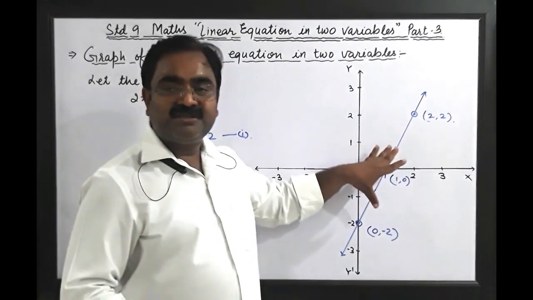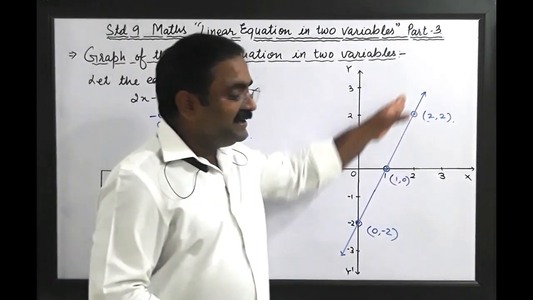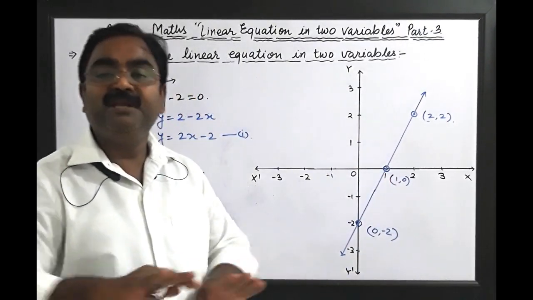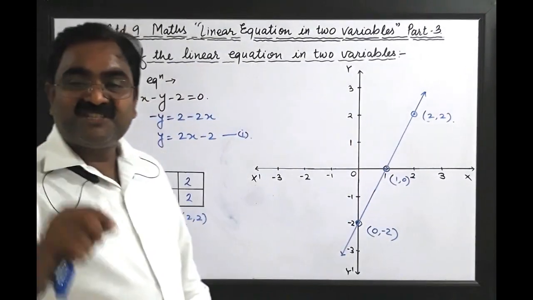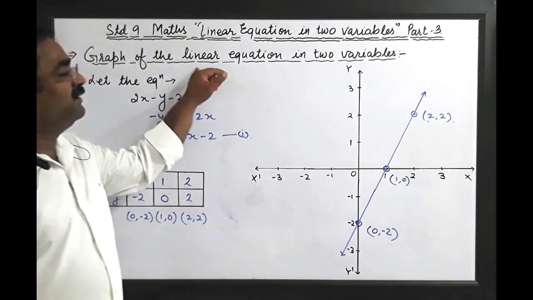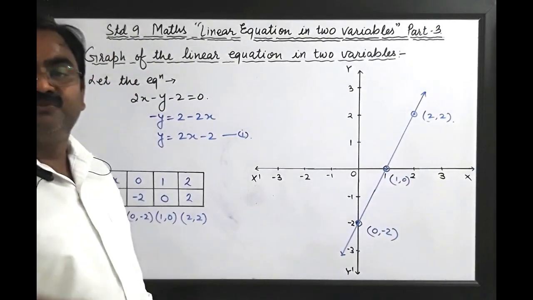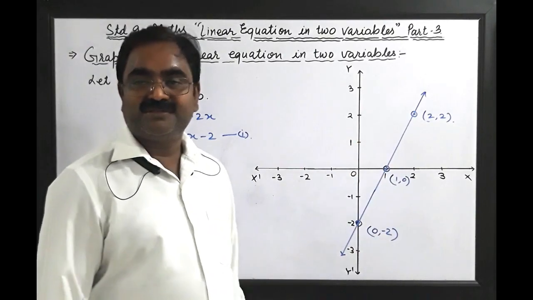So this is clear with the help of this graph. As a line has infinitely many points, and every point has its specific coordinates, that's why a linear equation in two variables has infinitely many solutions.